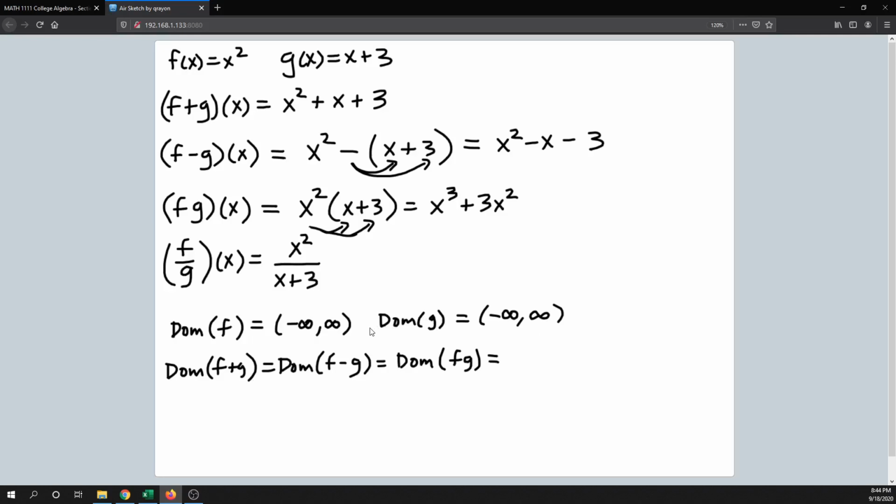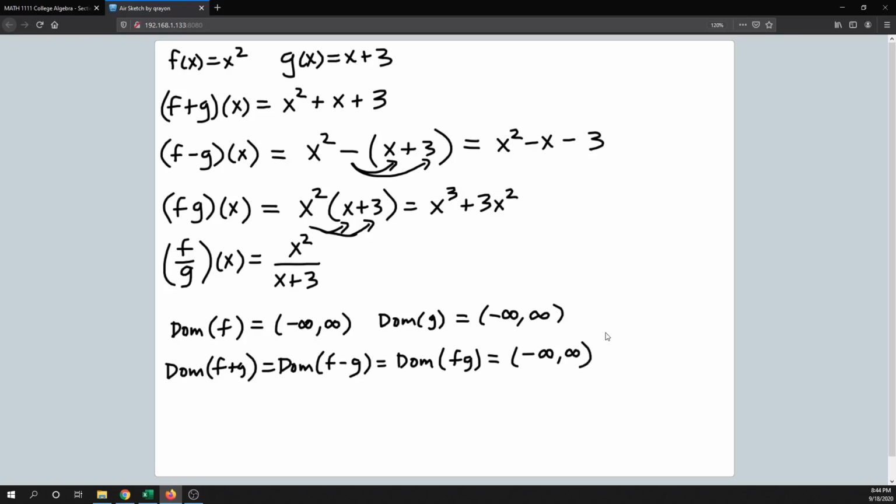Again, that would be the numbers that are in both the domain of f and the domain of g. Well, the domain of f is everything, and the domain of g is everything, so what's common between everything and everything is everything. So here the domain is just all real numbers again.